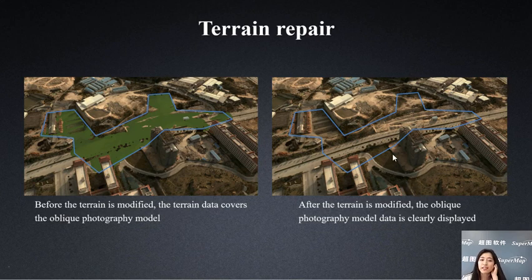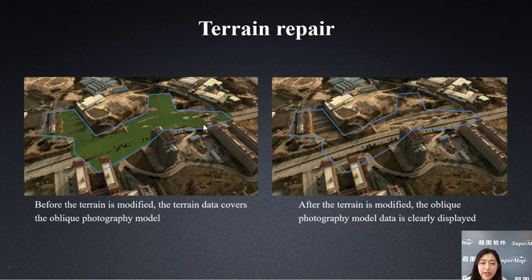And then let's look at the terrain repair. The oblique photography model is a digital surface model that contains real terrain information, and in practical applications it's often necessary to import the oblique photography model into a scene that already has terrain information.